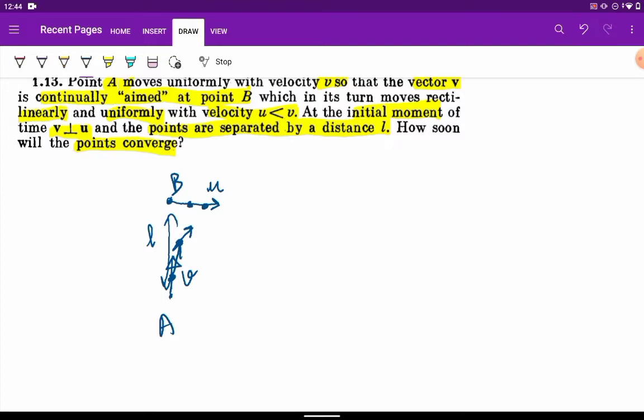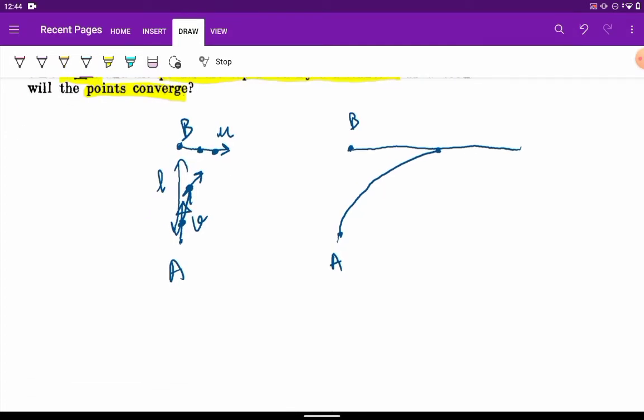So essentially, I draw it once more. B will be going in this direction. A will start perpendicular to the horizontal direction, but eventually meet B at some point. Its velocity direction will always be directed towards the location of B, right?